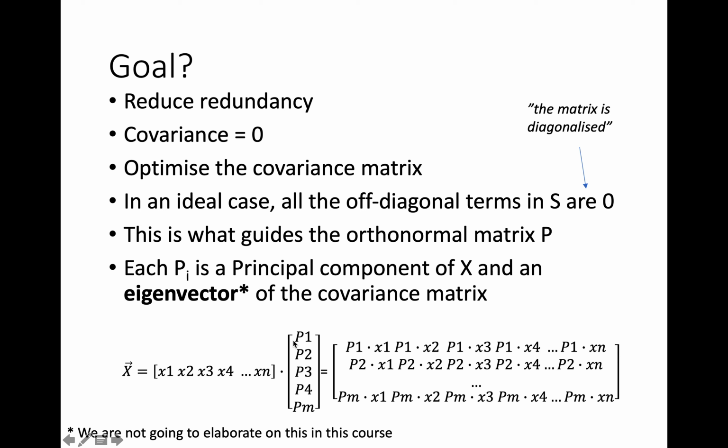Each one of these sets of instructions is a vector, and it's called an eigenvector. It's an eigenvector of the covariance matrix.